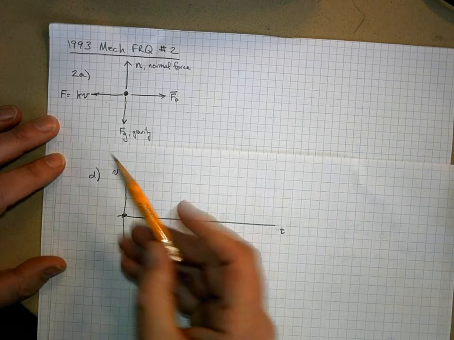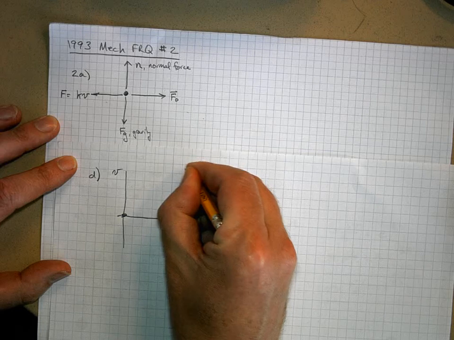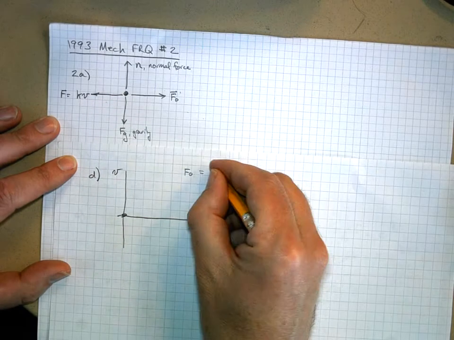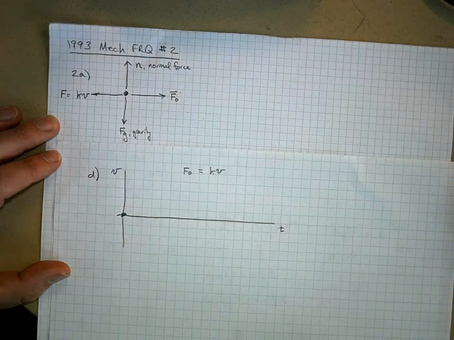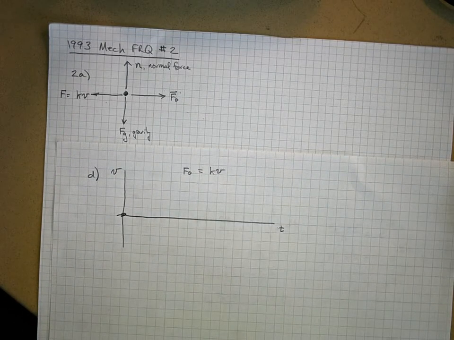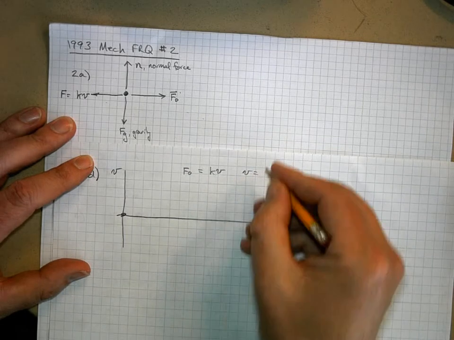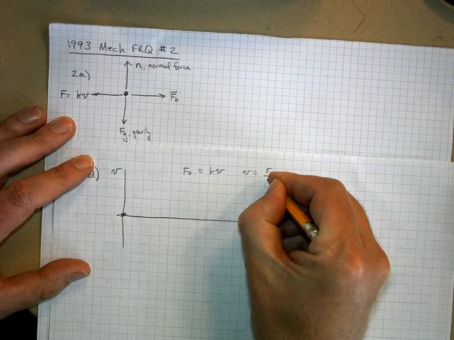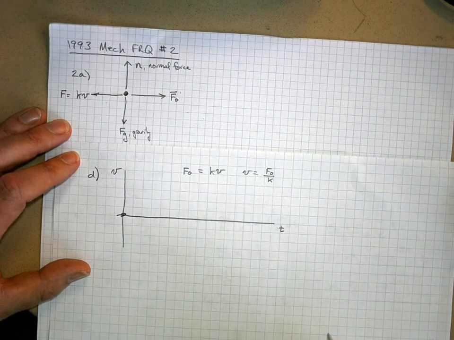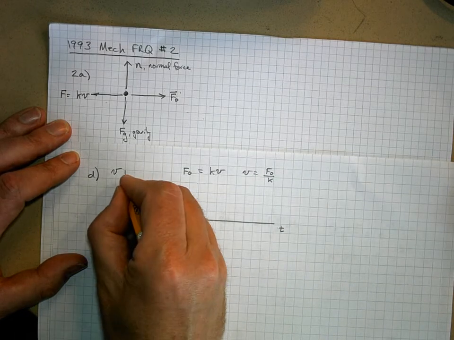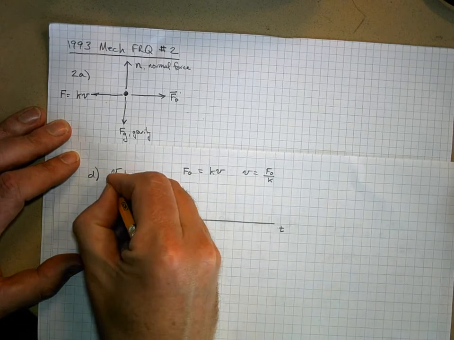It's not accelerating when this force is equal to F naught, so we've got maximum velocity. Just solve for v: v equals F naught over k. That's my maximum velocity, so I'll just mark it right there. F naught over k.